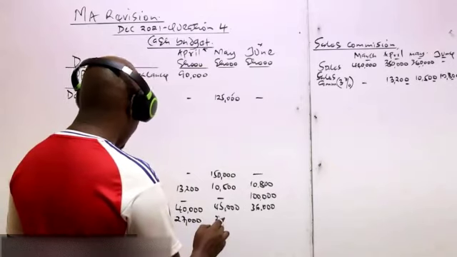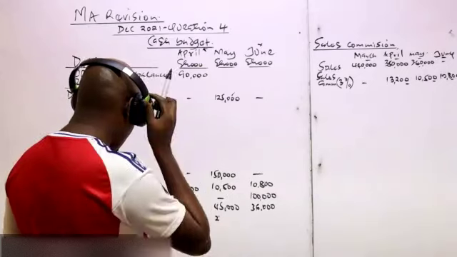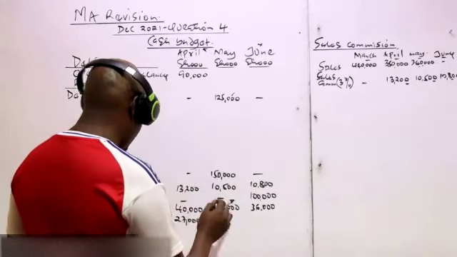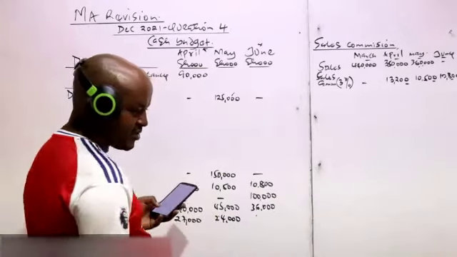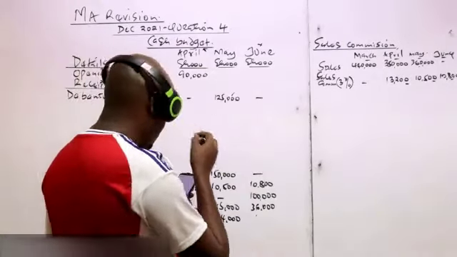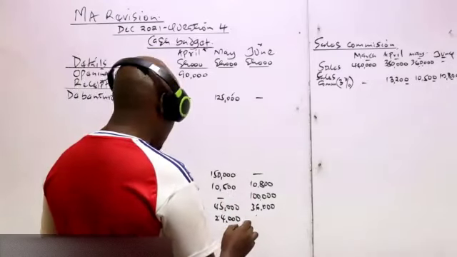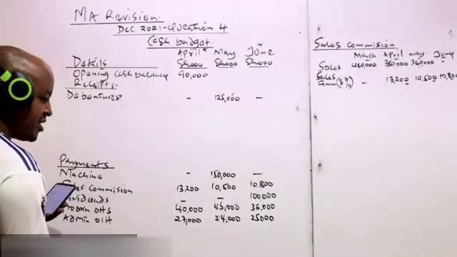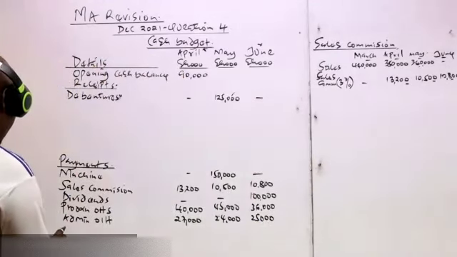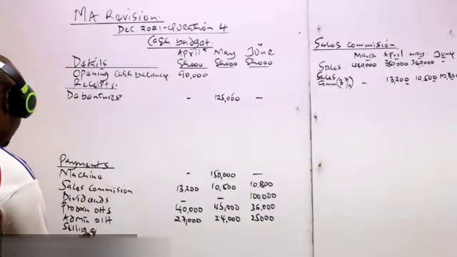The ones to be paid in May will be for April, 24,000. The ones to be paid in June are for May, 25,000. And then still we have the selling and the distribution.